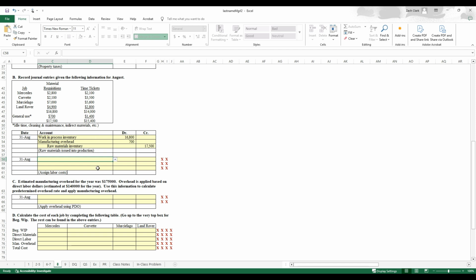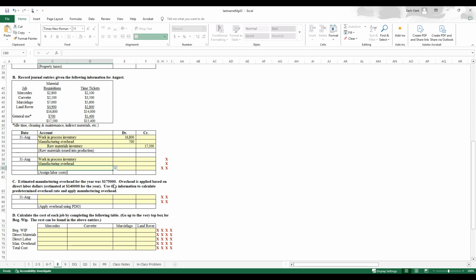Then as far as assigning our labor cost goes, we've got the more general idle time type stuff, indirect. Let's do our WIP account first. Similar process here: an amount goes into work in process and an amount goes into overhead.